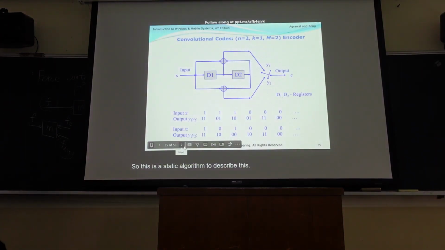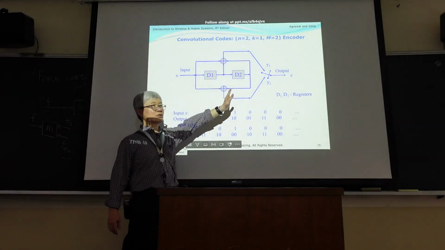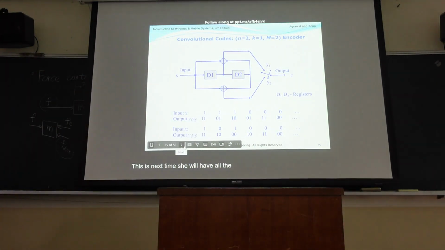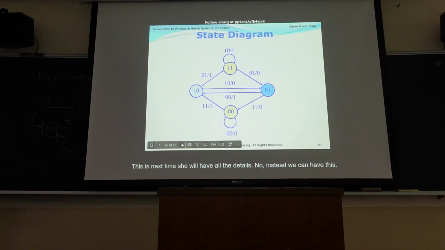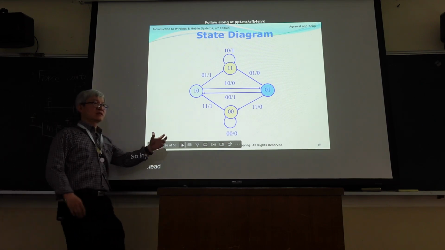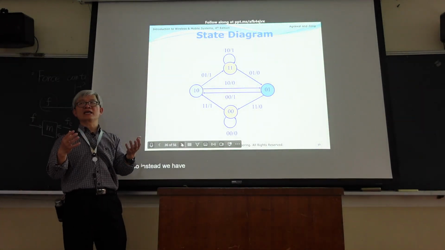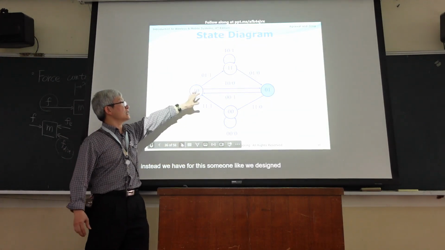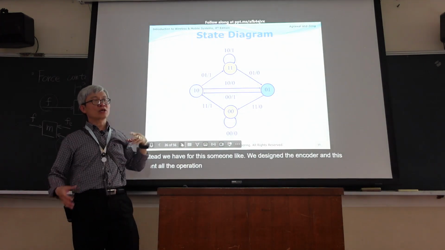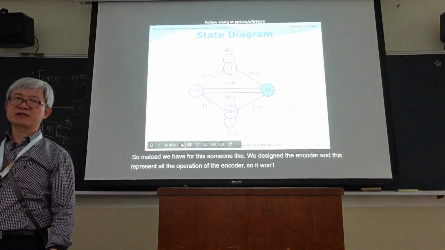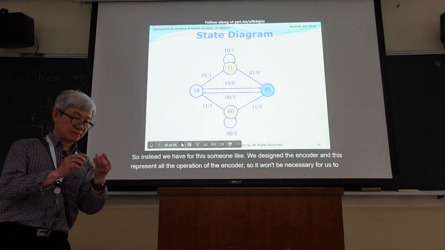Let's say it's next time. Should we have all the details? No. Instead, we can have these. Someone might say, oh, we designed the encoder. And this represents all the operations of the encoder. So it will be necessary for us to have the others.